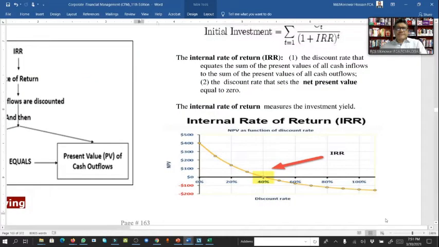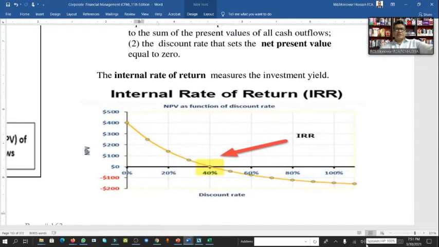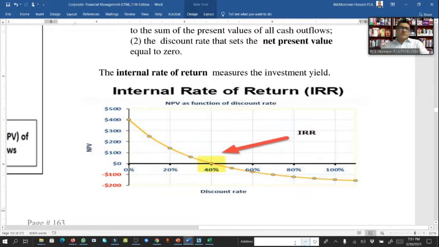So if you look at this graphical item, where the IRR is: look here, on the left side the net present value line, and on the bottom the discount rate. Where the 0 point is, it is the IRR.